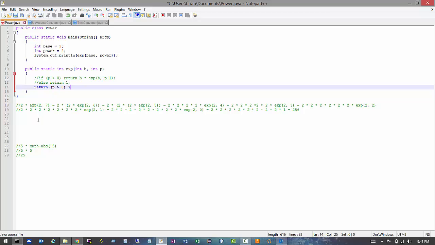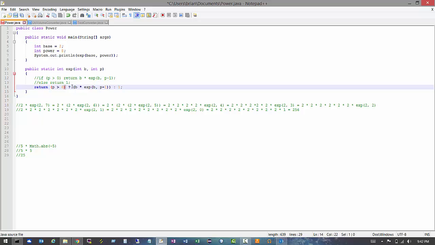We question that. If it's true, b times exponent(b, p minus 1), and otherwise 1. It's called a ternary operator, and I'll put this in parentheses too, just so it's crystal clear.